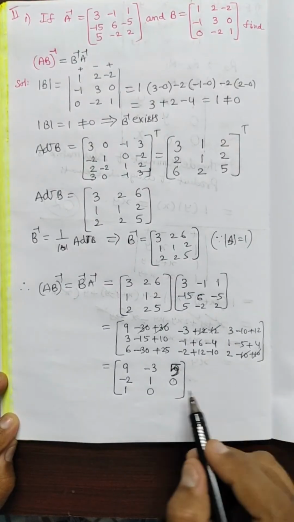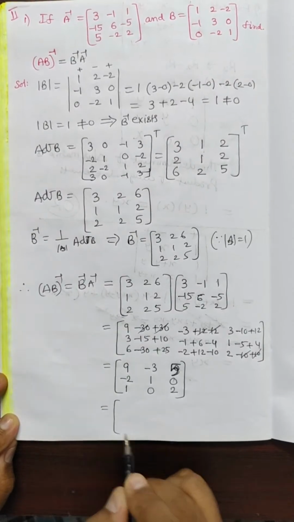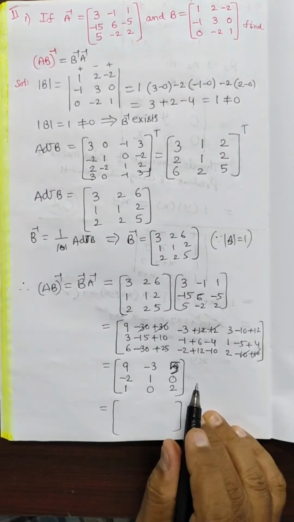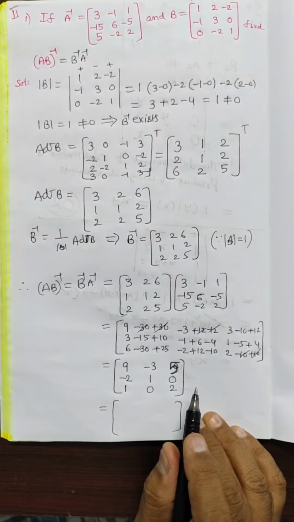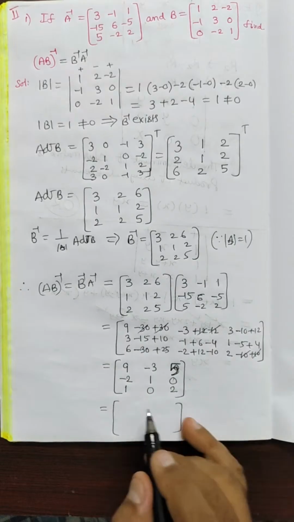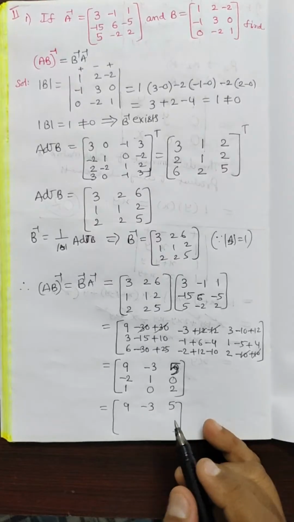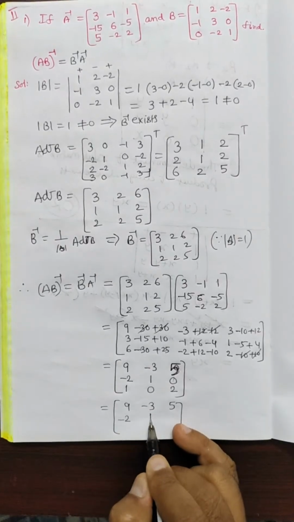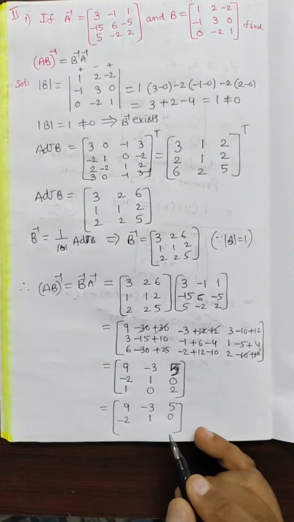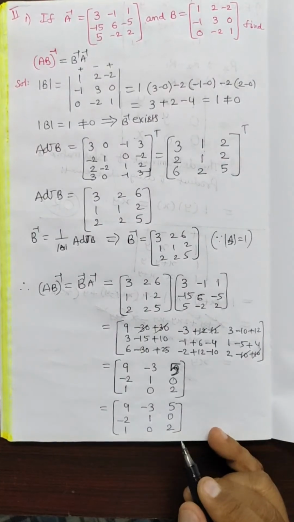These two will be cancelled, 2. Therefore, the value of AB whole inverse is equal to 9 minus 3, 5 minus 2, 1, 0, 1, 0, 2.